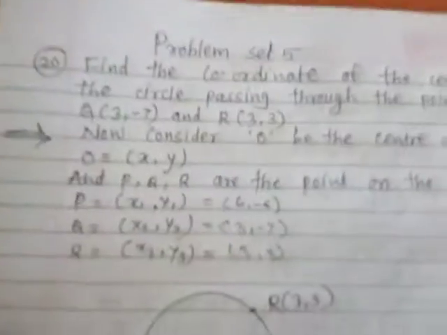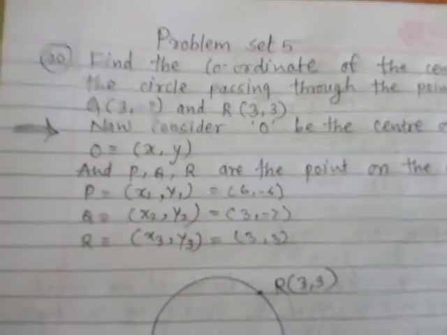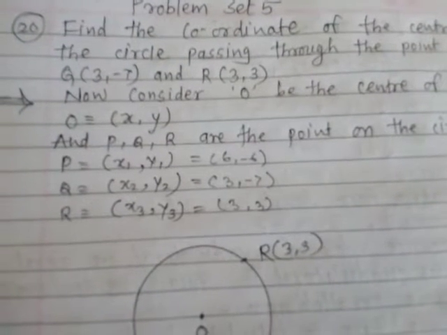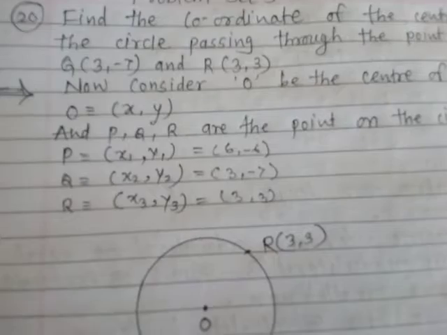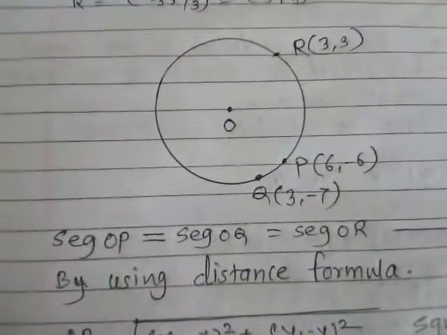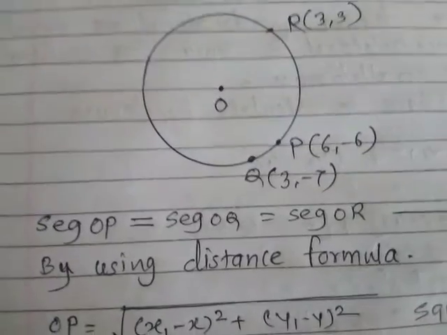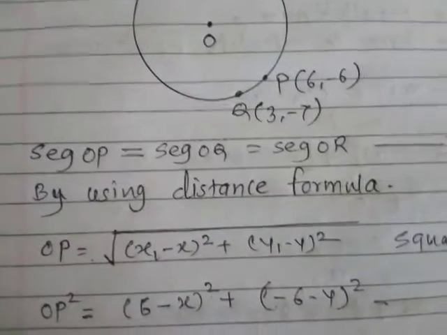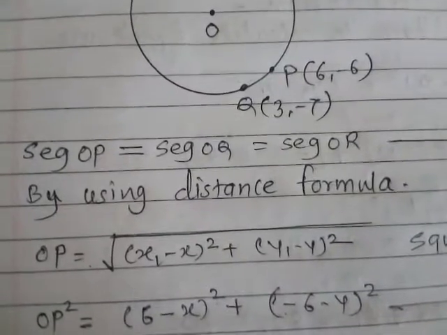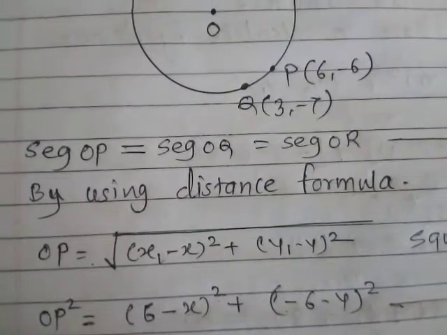Now first we have to consider O is the center of the circle having coordinates x, y, P (x1, y1), Q (x2, y2) and R (x3, y3) as their coordinates. Now OP, OQ and OR are the radii. Therefore, by using the distance formula we can calculate OP, under root (x1 minus x) whole square plus (y1 minus y) whole square.